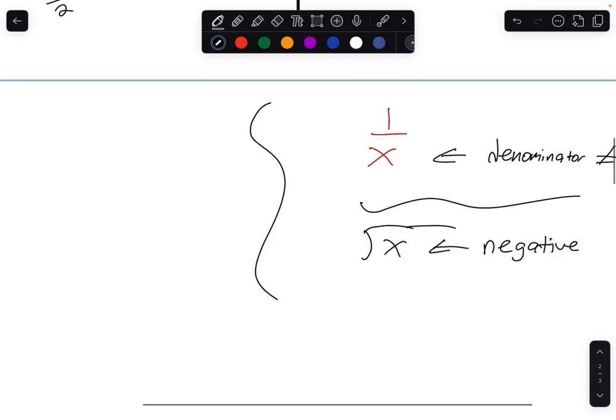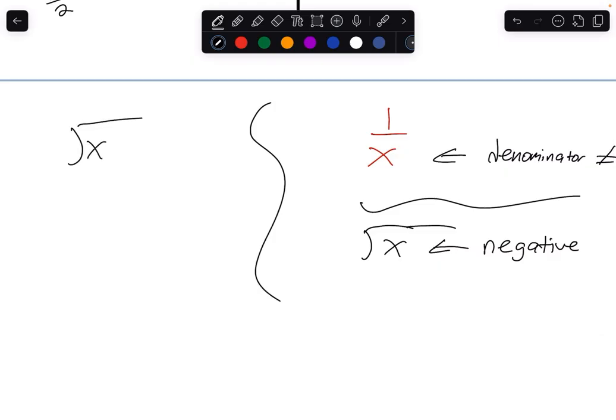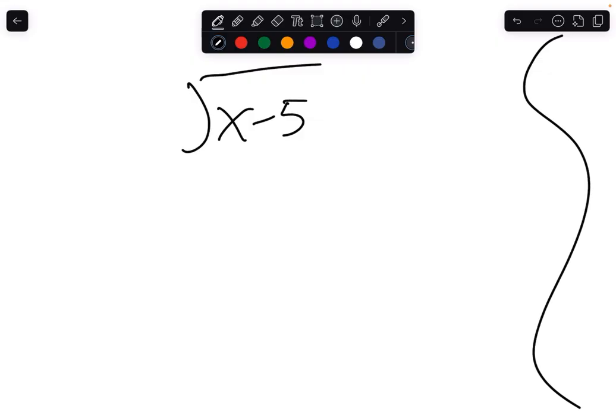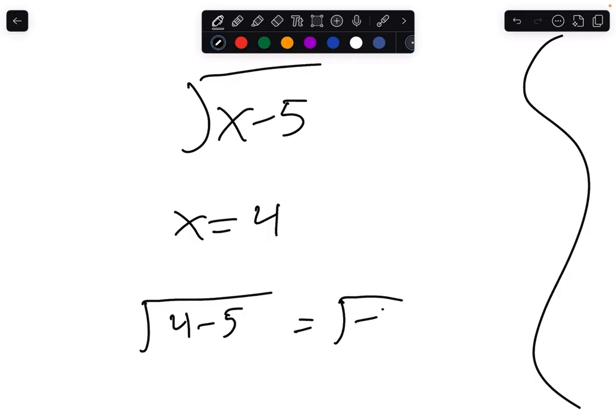Now, I didn't add a square root question, so I just want to do one here to decide. If I had the square root of x minus 5, what are some numbers that are really, really bad? Well, negative numbers are really bad. So if the x value was like 4, square root of 4 minus 5, which is square root of negative 1, hey, that's really bad for us.